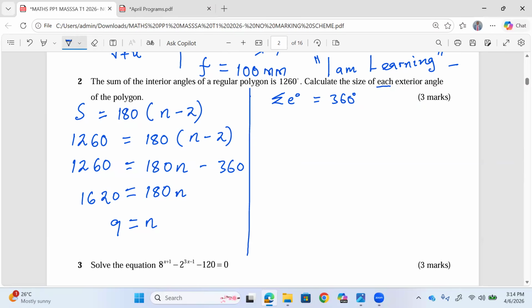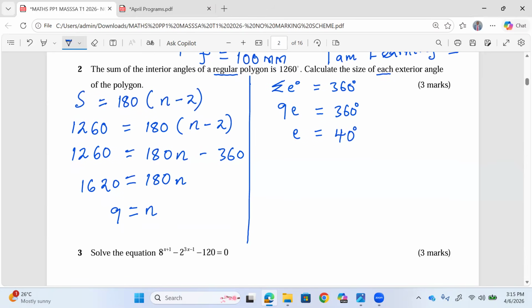Because this is a regular polygon, all the exterior angles are equal in size, times their number, so that you get the sum. So 9, which is n, multiplied by the size of each exterior angle should give us 360 degrees. So to remain with the size of each exterior angle, we take 360 and divide by 9. This gives us exactly 40. So each exterior angle is exactly 40 degrees.